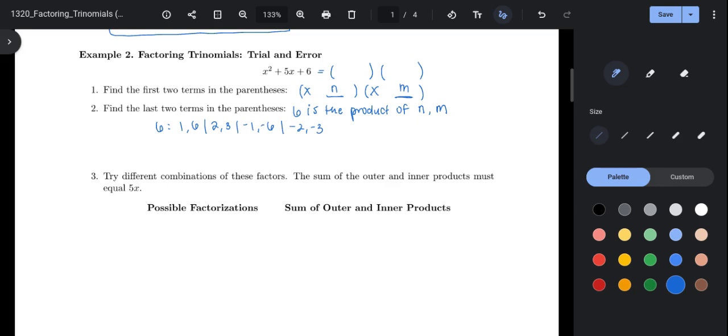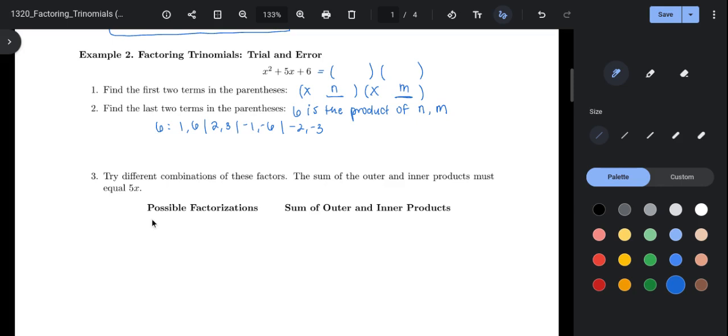Now, in the next step, it says to try different combinations of these factors. So these factors that we found for our constant of +6. And so what it means by different combinations is we're going to plug in these numbers for n and m respectively.